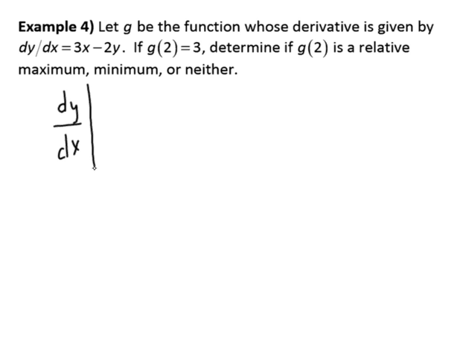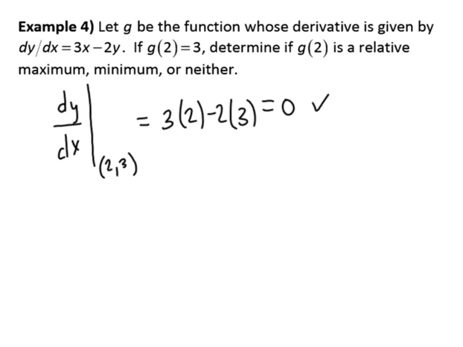So this is dy dx such that we're at the point (2, 3). So down here at the bottom, we're going to put (2, 3). So then we're going to plug in 2 for x and 3 for y, and just make sure and double check that it's equal to 0. So 3 times 2 minus 2 times 3, yes, that will equal 0. Okay? So that's going to apply, but now we need to see what the second derivative is.